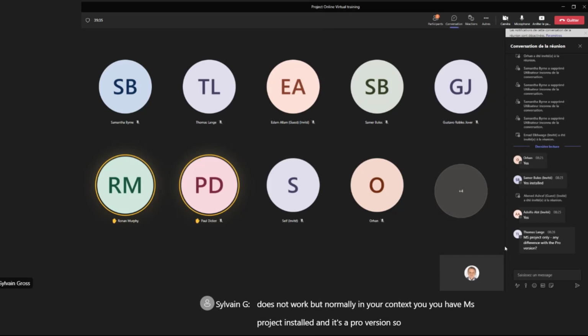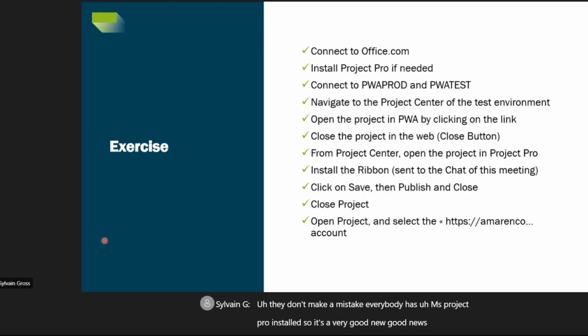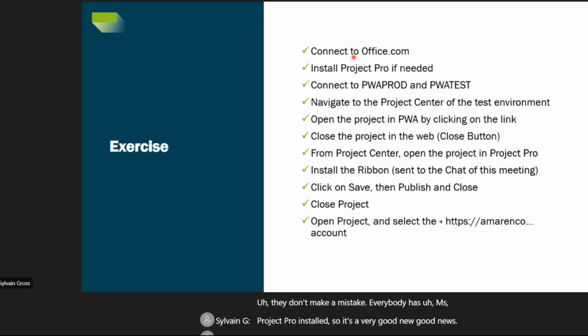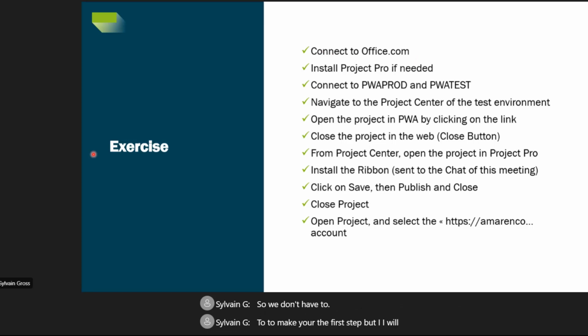So normally we don't have to change the installation, and it will be okay. If I don't make a mistake, everybody has MS Project Pro installed, so it's very good news. So we don't have to do the first step, but I will just show how to do it if you have to reinstall.